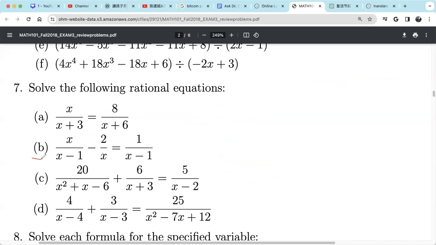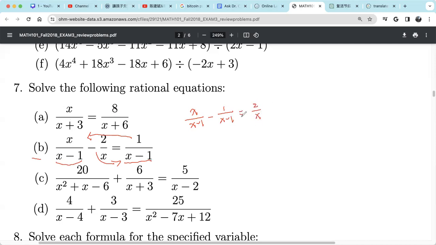For B, we could do something similar to A. Let's try that. I see these two terms have a common denominator, so I can combine those two terms. We want to move this one to the left-hand side and move this term to the right-hand side. So we do x minus 1 minus 1 over x minus 1 equals positive 2 over x.